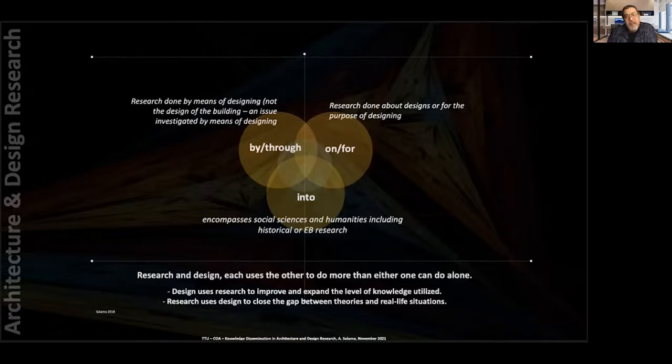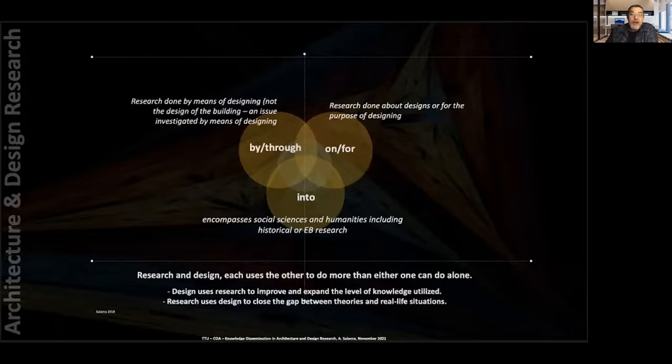So research by or through design means that research is done by means of designing, not the design of the building itself. So an issue is investigated by means of designing. It is about the generation of research insights by performing a design exercise. So trying to generate knowledge through a design exercise.